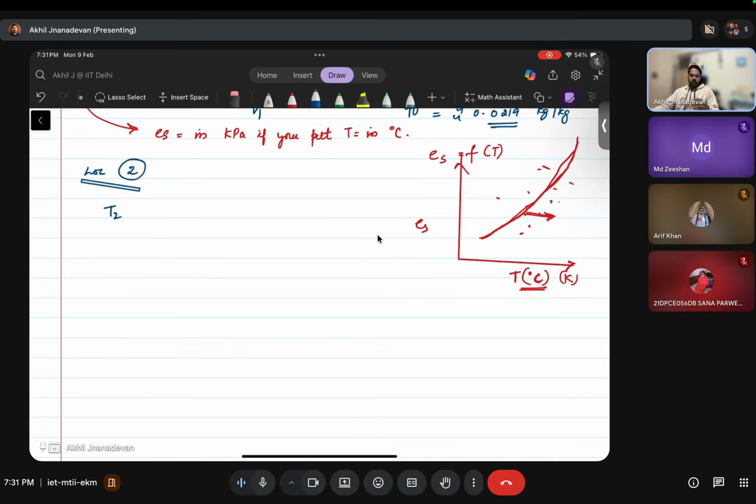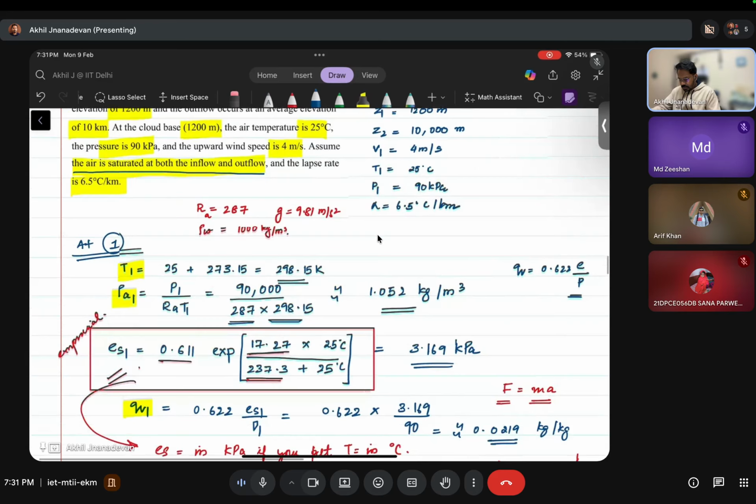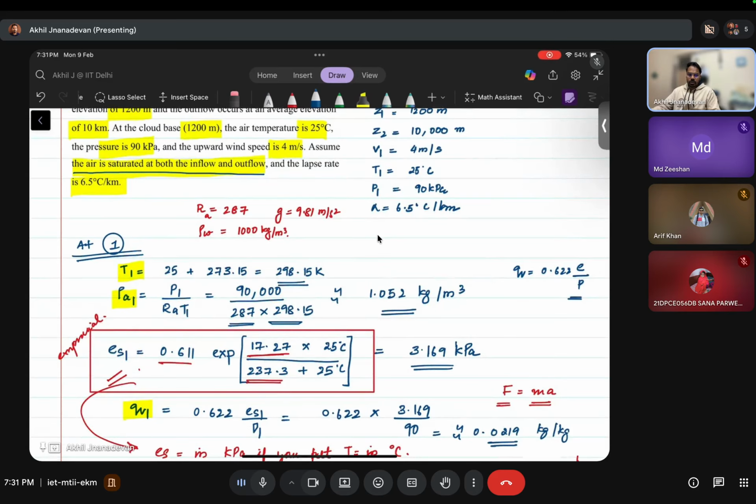Lapse rate is nothing but the rate at which the temperature decreases as we go to higher altitude. That is given in the question as 6.5 degrees Celsius per kilometer. For every 1 kilometer of higher altitude, the temperature will drop by 6.5 degrees Celsius.